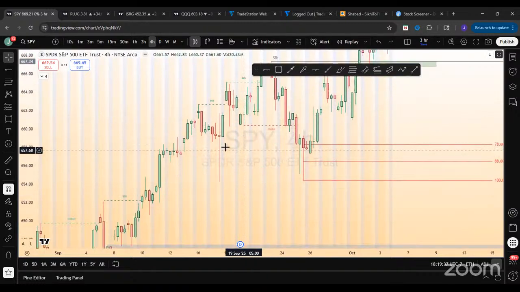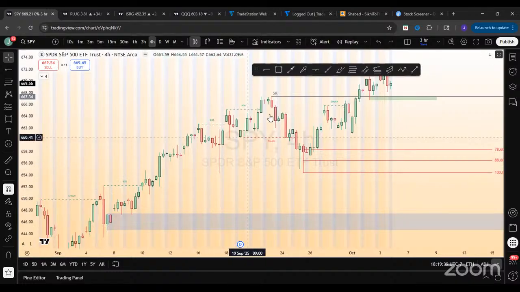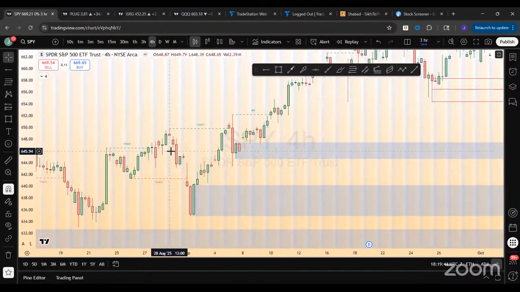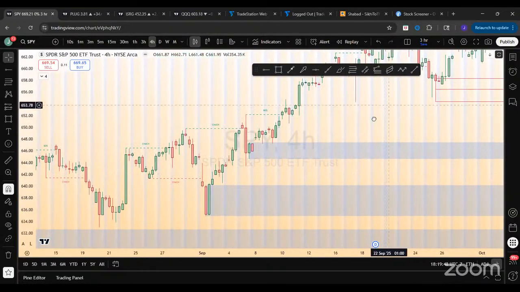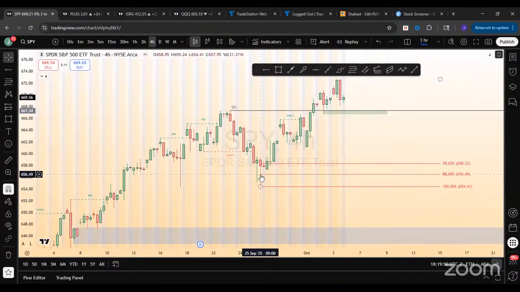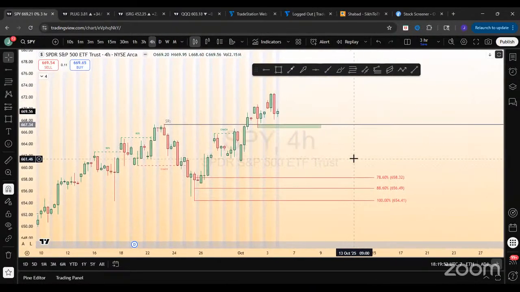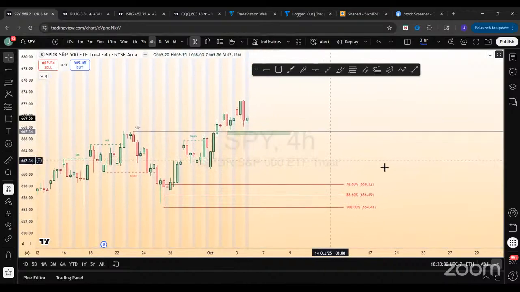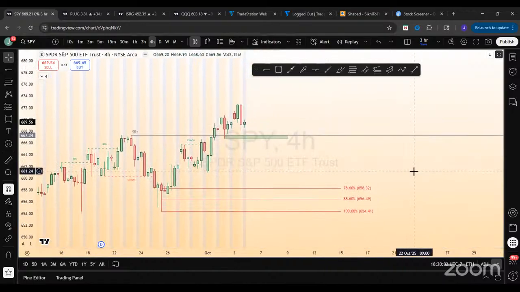This was the September dip, and this was the August dip. There is a dip in October. That will be the final dip of the year before we have a market rally, all the way until the end of December.